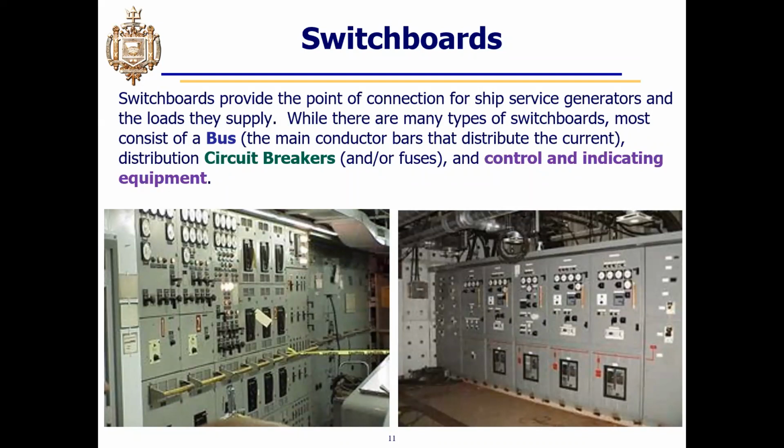We're talking about the actual conductors that carry the current for the starboard half of the electric plant, for instance. Now, switchboards will contain circuit breakers and/or fuses, depending on the type of arrangement and the types of components that you have for your electric plant, and also any control and indicating equipment.